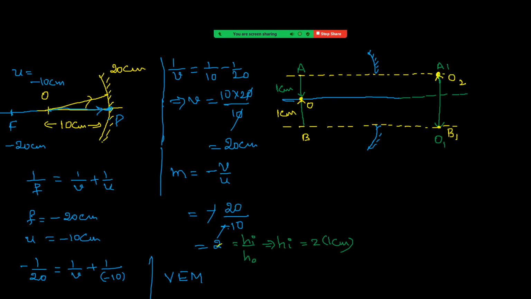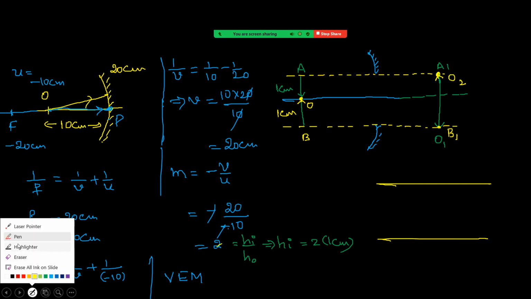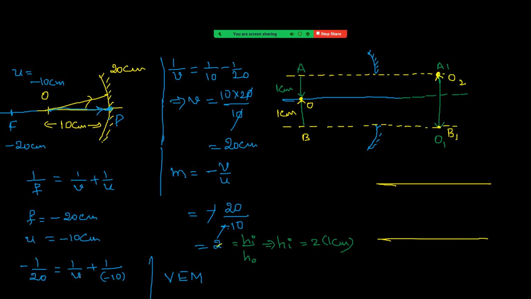So see carefully. For the upper one, it is now below the axis. Image in the same way. I will draw here separately to get more clarity. So the image by the upper one is like this. This is O1, image of O by the upper one. So this is the object.